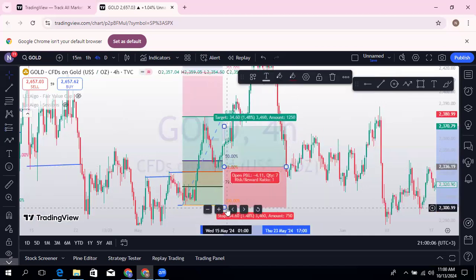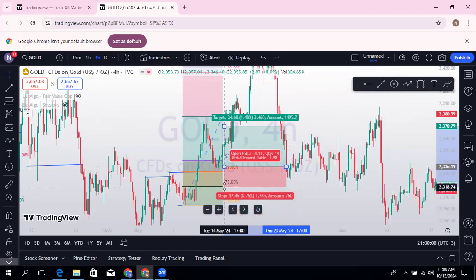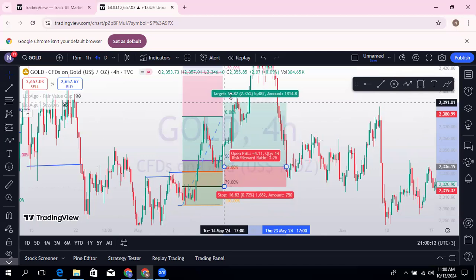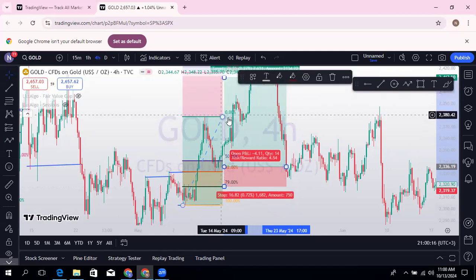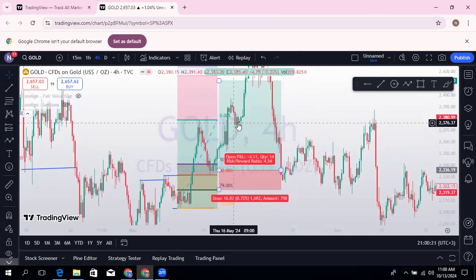That is where I advise people. 50 and 60, your stop loss should be at 79%, and also target maybe at the first point 0.00%. That is where it will show if it will go or will reverse back.